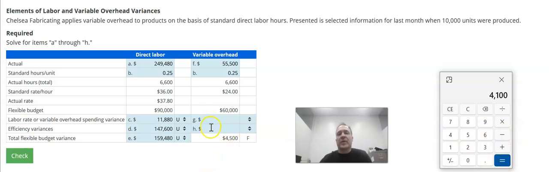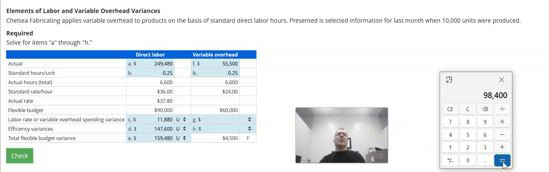We expected 2,500 direct labor hours. We had 6,600. So we've got 4,100. And that 4,100 represents the gap between expected of 2,500 and actual of 6,600. We're going to multiply that by this $24 here.